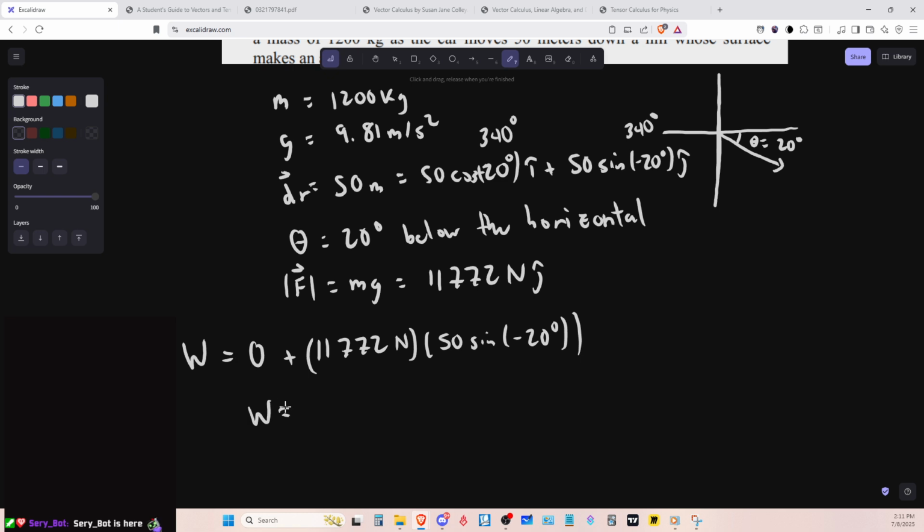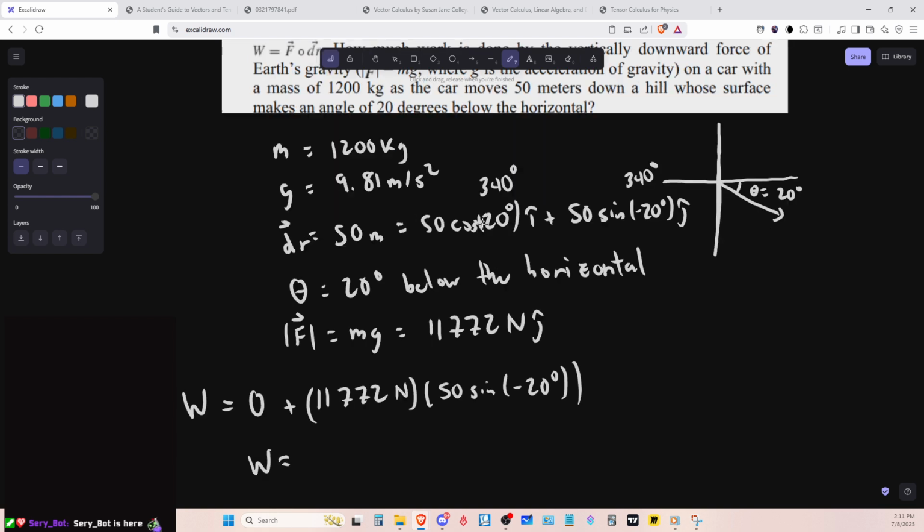So the work done in this case, we have to make it negative so that we can have a positive result, because this is going to end up negative, since the force is basically just that much on the Earth.